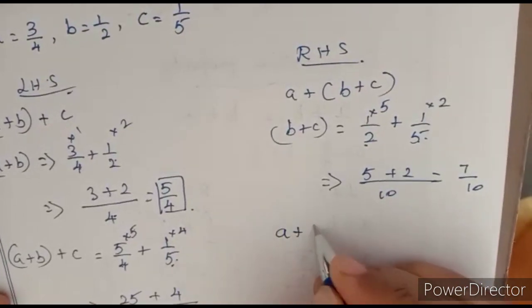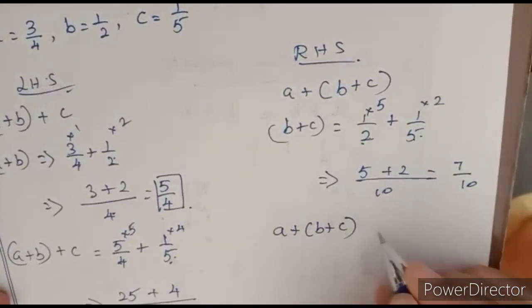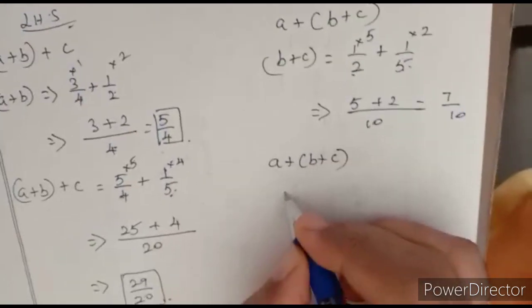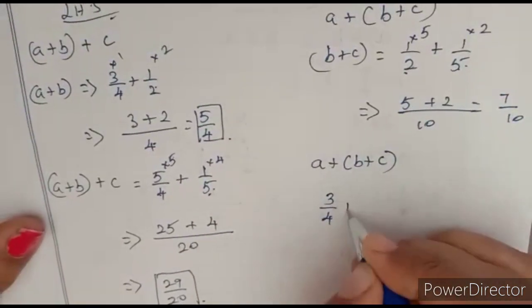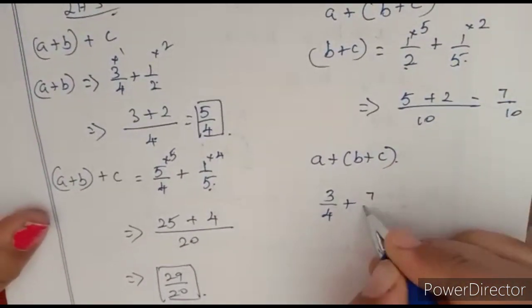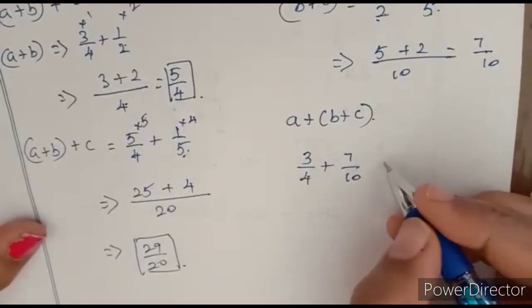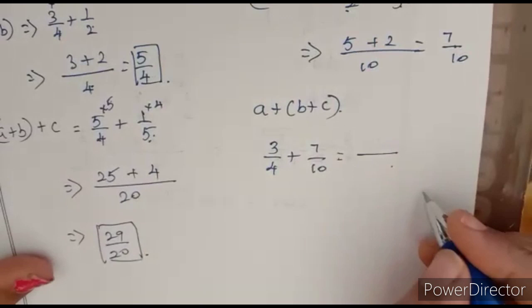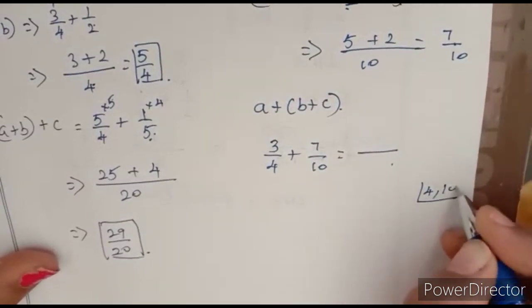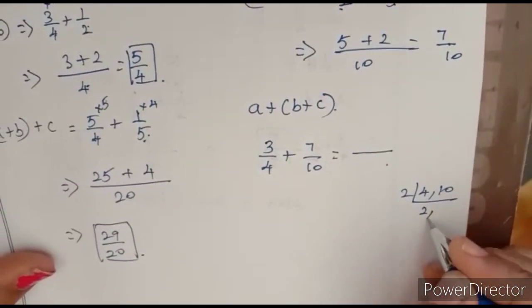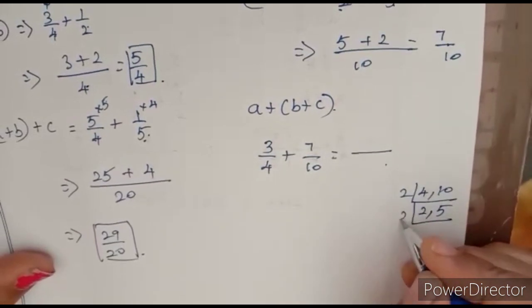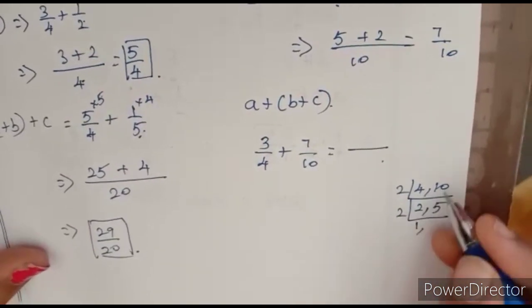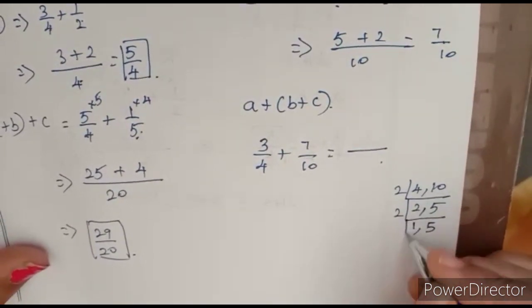Now a plus whole bracket b plus c. A value is 3 by 4 plus b plus c value is 7 by 10. Now you have to take the LCM to convert into common denominator, that is in 2 table, 2 2s are 4, 2 5s are, again 2 table 1 time, 5 is not divisible, write as it is.